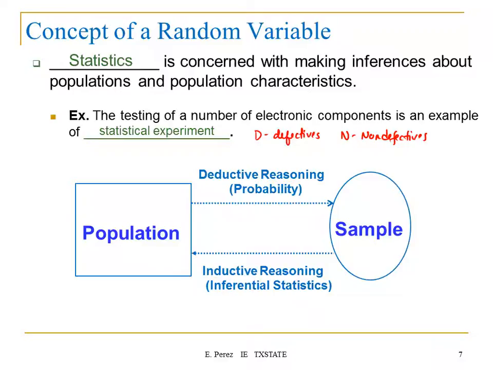We're trying to get some data from the population. That's what we call a sample. But we want to make sure that we collect a sample that is good enough, that is going to allow us to provide some inductive reasoning about the population using statistics. So that's the general idea of what we're trying to do in this course. We're still discussing ways to compute probabilities so we can get to that part in which we can connect a good sample from our population.